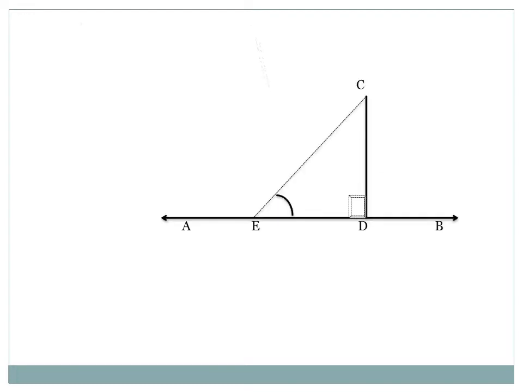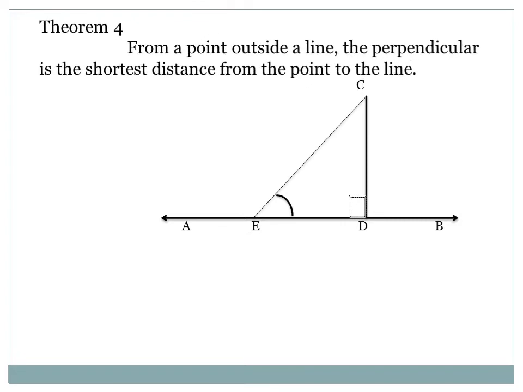Now we will prove theorem number 4, which states that from a point outside a line, here we have a line AB and the point which is outside the line AB is C, the perpendicular is the shortest distance from the point to the line.